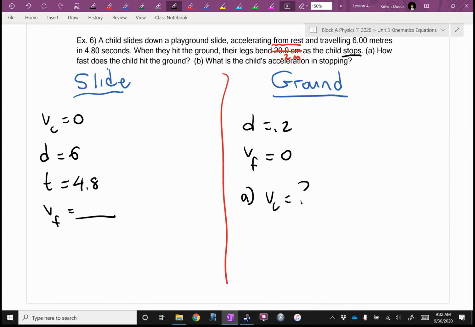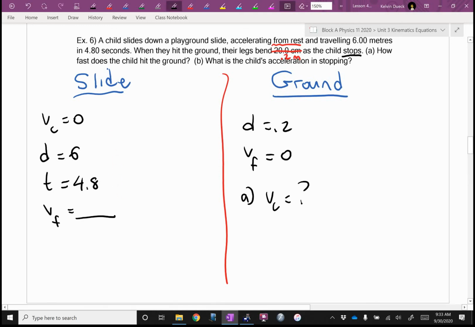If I'm making numbers up, if at the bottom of the slide I hit the ground at 5 meters per second, how fast was I traveling when I began to stop? 5 meters per second. This is that. How fast I'm traveling at the bottom of the slide is how fast I'm traveling at the beginning of hitting the ground. That's a tricky concept.